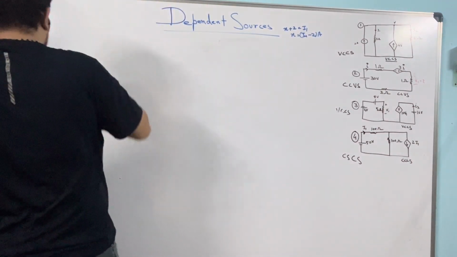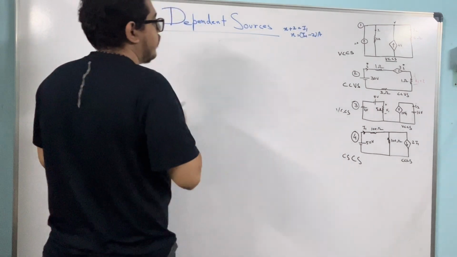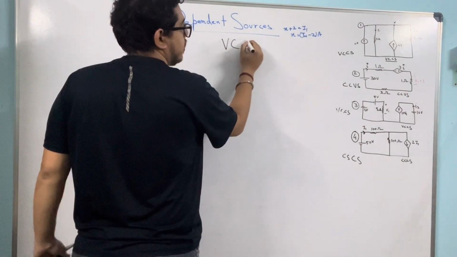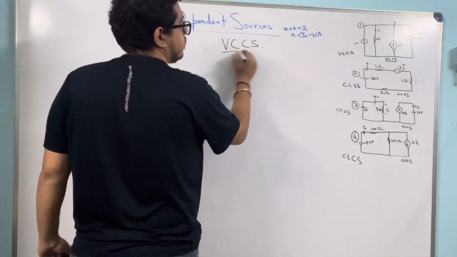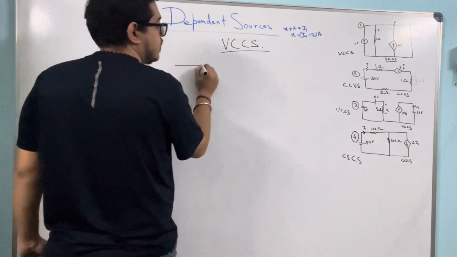Okay, so case 3 is of a voltage controlled current source. So we have a question.